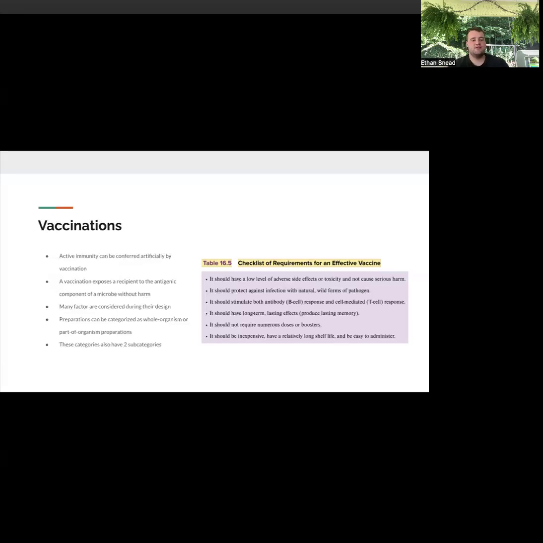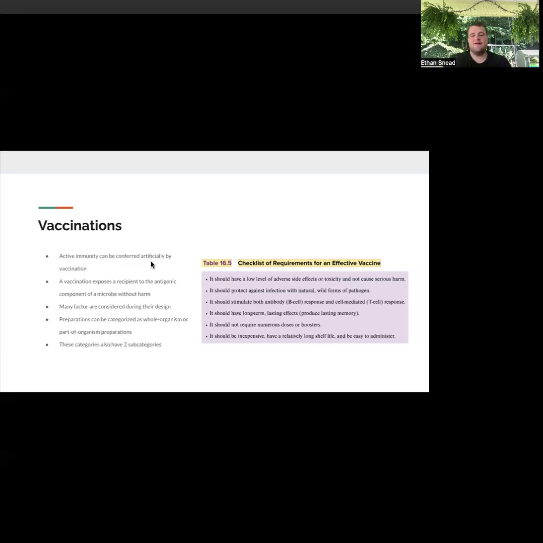The preparation of vaccines can be categorized as either whole organisms or parts of organisms. These categories also have two subcategories: whole cells or viruses, or vaccines that only deliver antigenic components of the microbe in question.